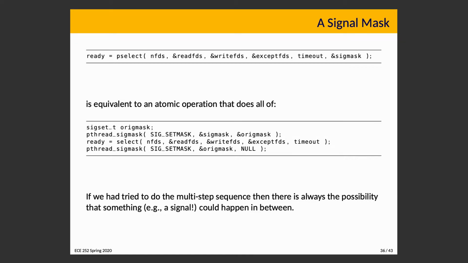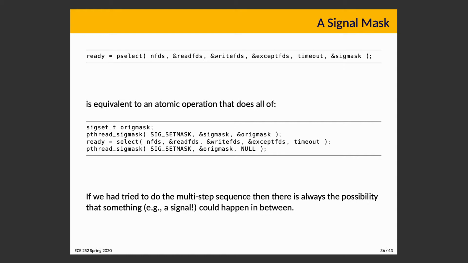So pselect is called, assuming everything is initialized and worked with appropriately, where you specify the maximum file descriptor plus one in nfds, your sets of read, write, and except files could be null, your timeout, this time as a timespec instead, and then your signal mask. And that's equivalent to an atomic operation doing all of the following.